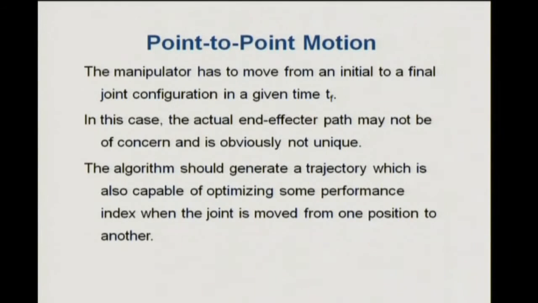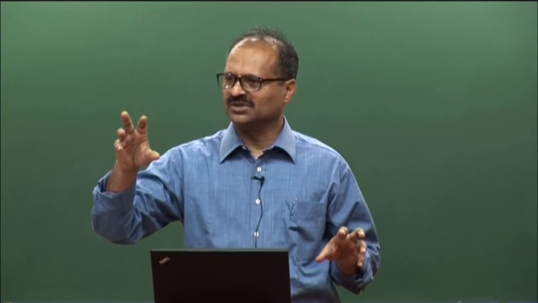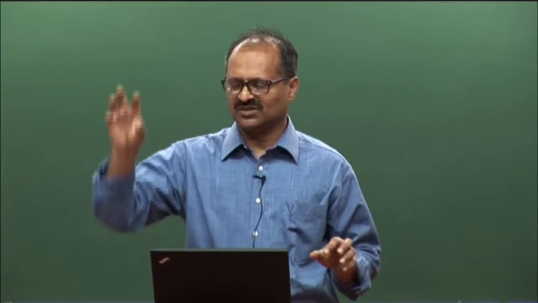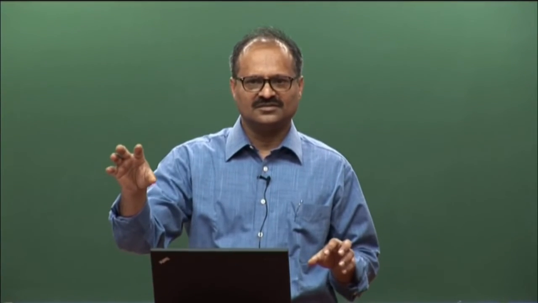So, the first case we look at is point to point motion. We go from initial to final joint configuration in a time Tf. I specify the time, because I am doing this with a trajectory, and so obviously the path is not unique. I can move in a straight line, I can move like this, I can go like this.